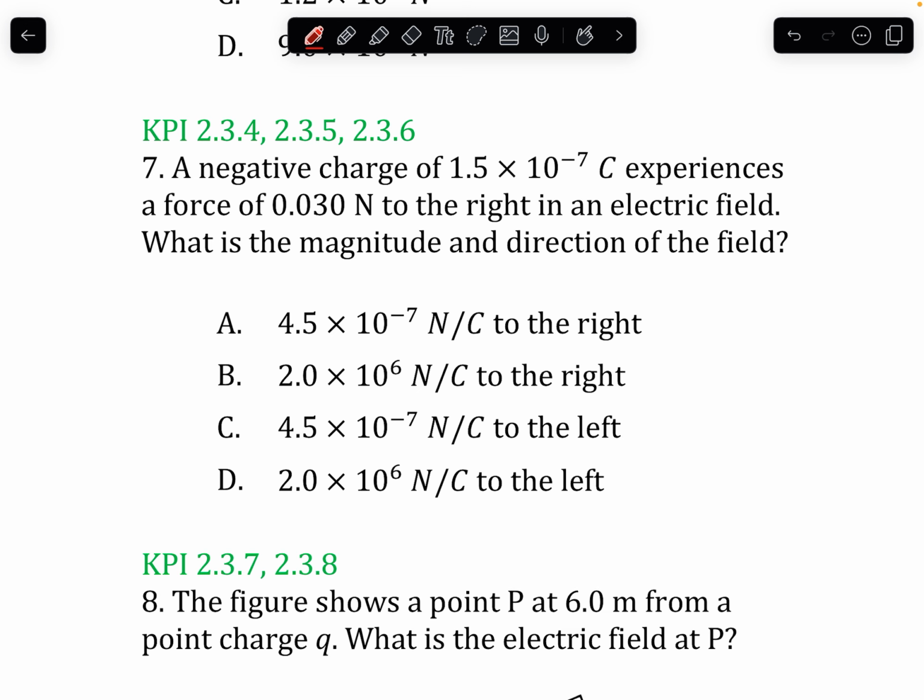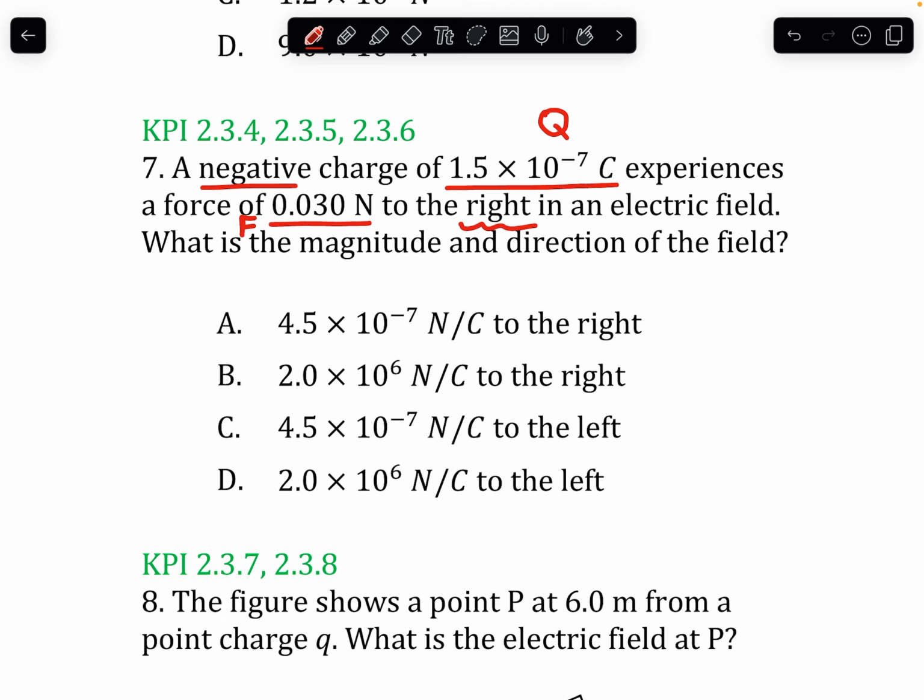We have a negative charge of 1.5 times 10 to the power of negative 7 Coulomb experiencing a force F to the right. Now pay attention, it is to the right. What's the magnitude and direction of the electric field?